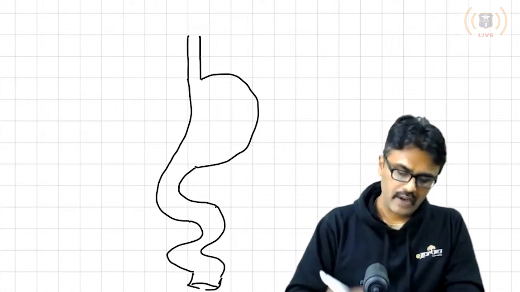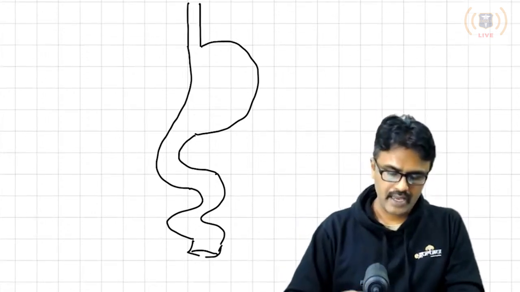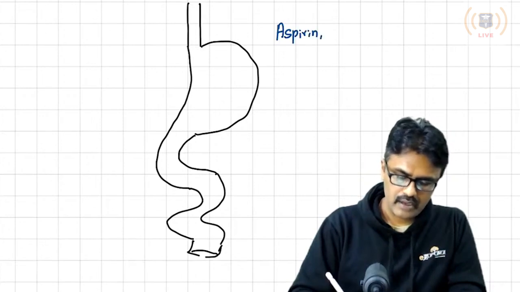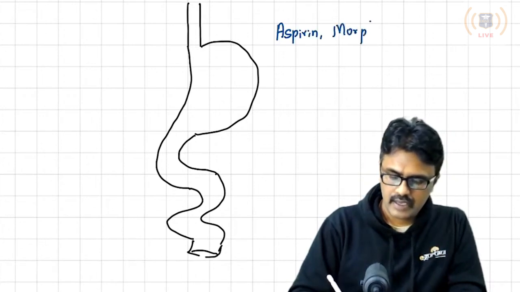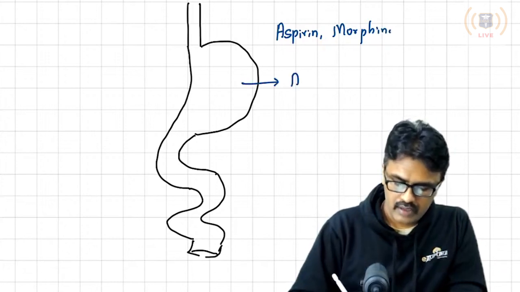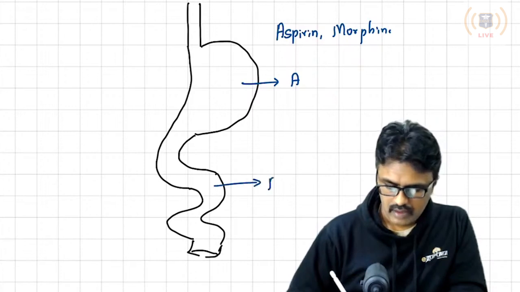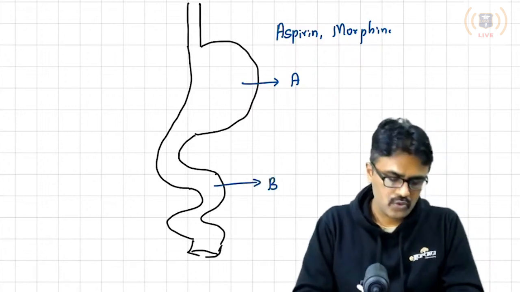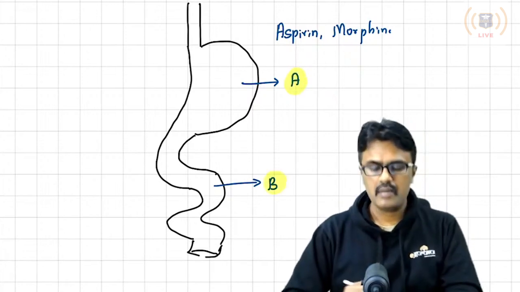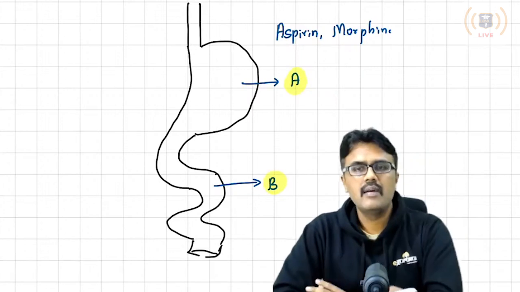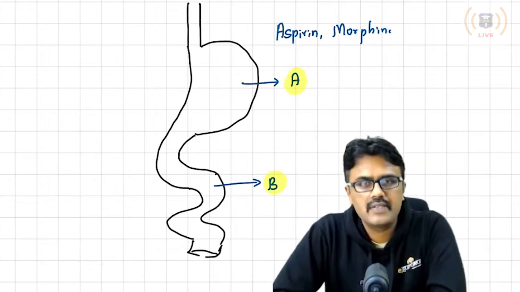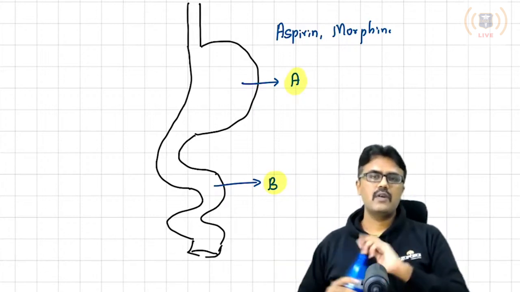Now if I give a person aspirin and I give a person another drug, morphine, can you tell me where the morphine is absorbed and where the aspirin is absorbed? I have given two options to you: the stomach or the intestine. Please answer this. I'm waiting for your answers.